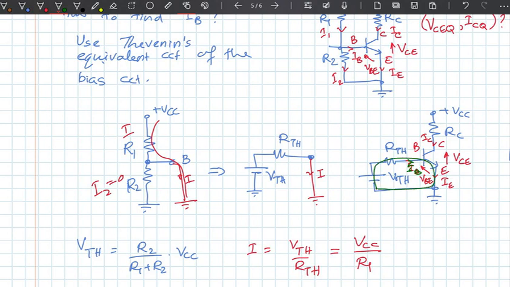What are the voltages we have? We have the VTH, I have RTH, IB is flowing in this direction, so this is IB times RTH, and then you also have VBE. Those are the three things that you have.